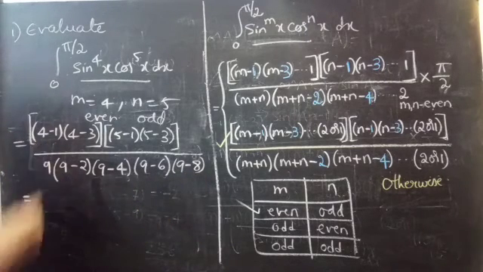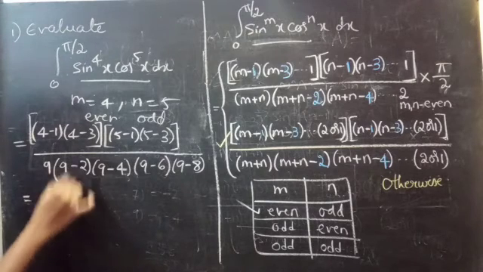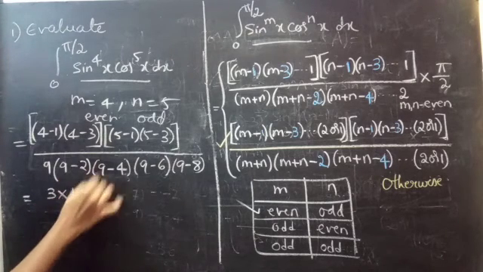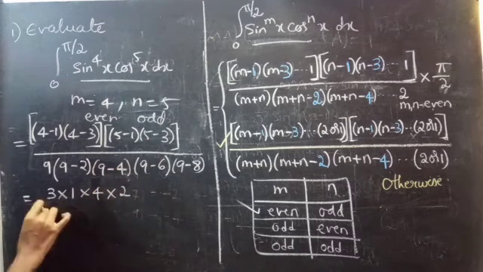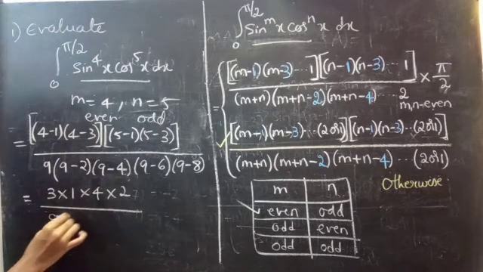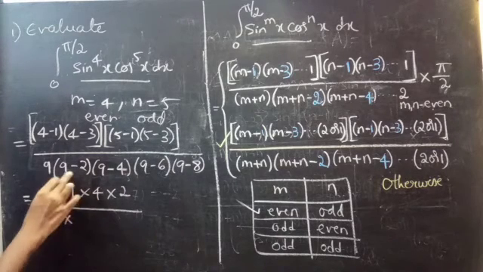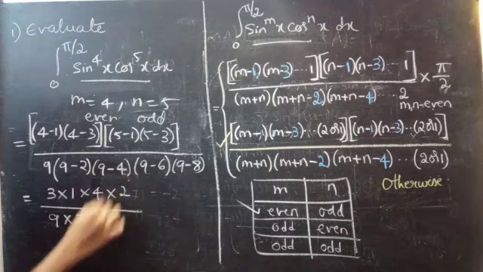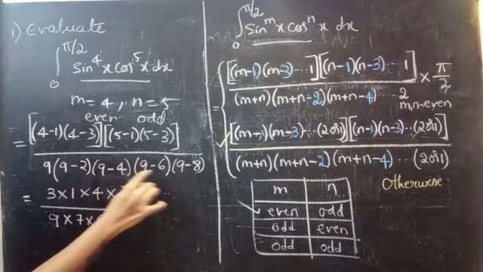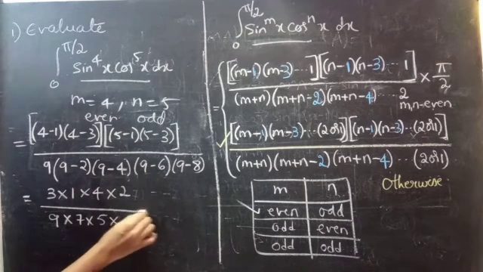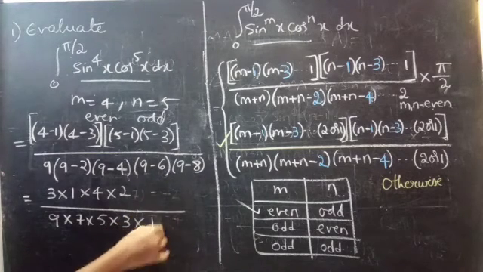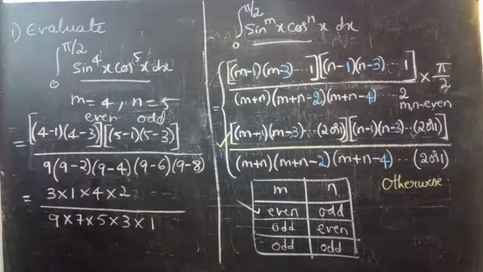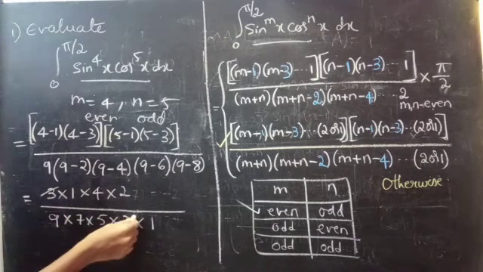So this equals 4 minus 1 is 3, into 4 minus 3 is 1, into 5 minus 1 is 4, into 5 minus 3 is 2, divided by 9 into 9 minus 2 is 7, into 9 minus 4 is 5, into 9 minus 6 is 3, into 9 minus 8 is 1. Okay, 3 gets cancelled.